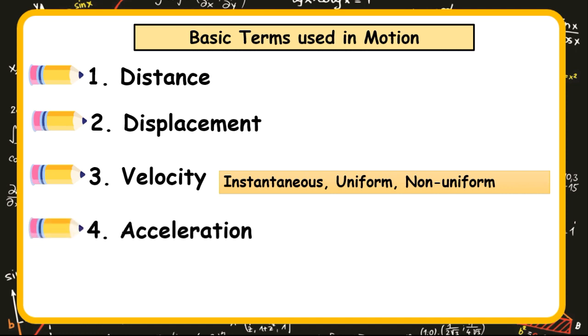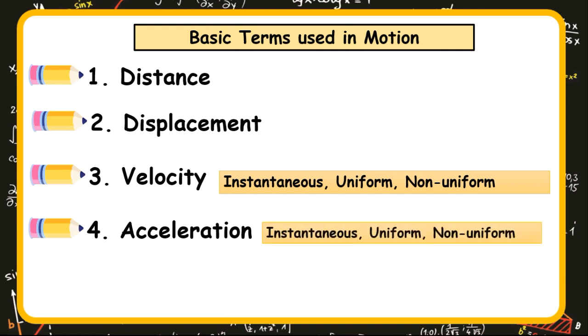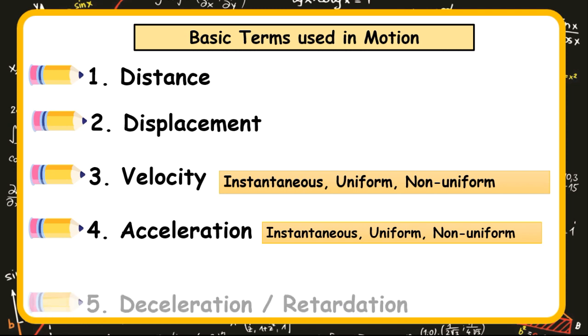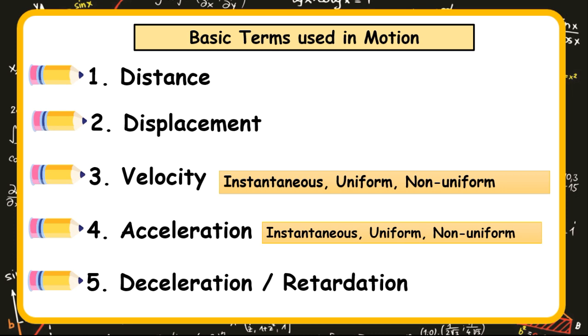The fourth is acceleration. With acceleration too, you will have other qualifiers like instantaneous acceleration, uniform acceleration, non-uniform acceleration, average acceleration. And lastly, deceleration, also referred to as retardation.